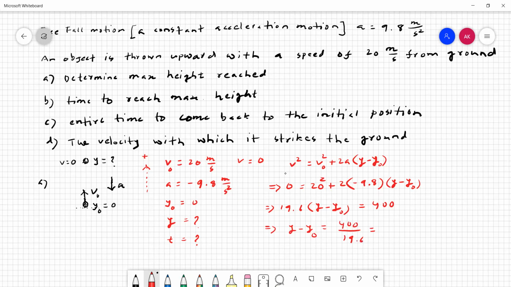And how much do we get? 20.41. All right, so we say that the maximum height reached by the object will be 20.4 meters.